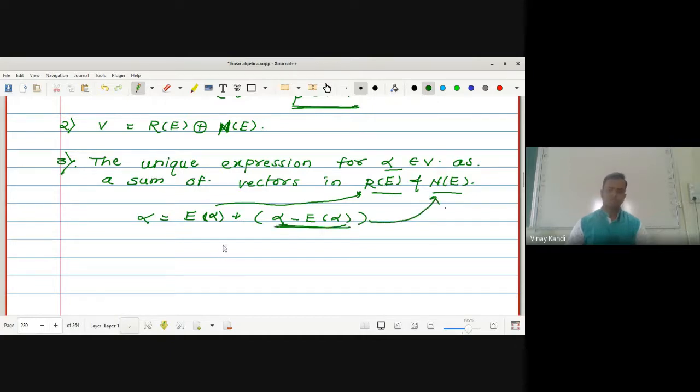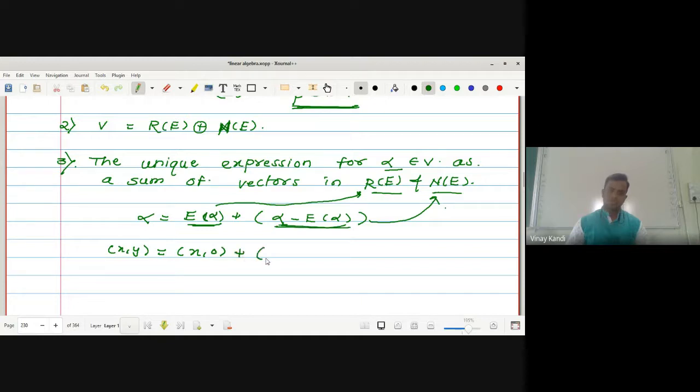म्हणजे कोणताही वेक्टर घ्या अल्फा, ओके. This E of alpha plus alpha minus E of alpha is equal to alpha, okay. पण हा E of alpha always belongs to range space and this alpha minus E of alpha belongs to null space of E. Okay, बघूया आता, समजा x y हा माझा वेक्टर. ओके, रेंज E of alpha काय आला होता तिथे x0.